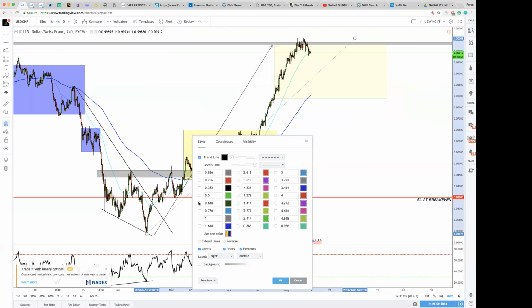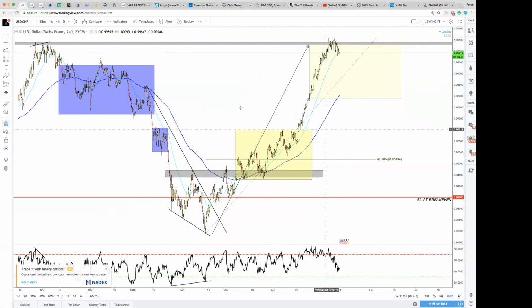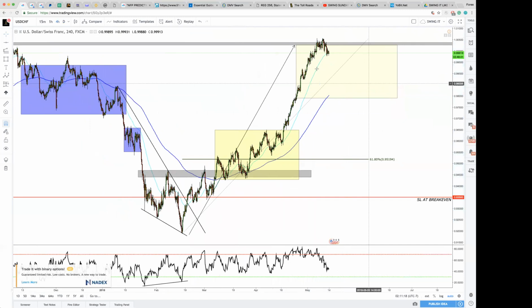So all we've got to do is just wait, and then reject and then go back up. But we don't trade level 2s, and we booked our profit right about here. So it was a good trade: we entered here and then we booked our profit here. But I don't want to rush on the sell.